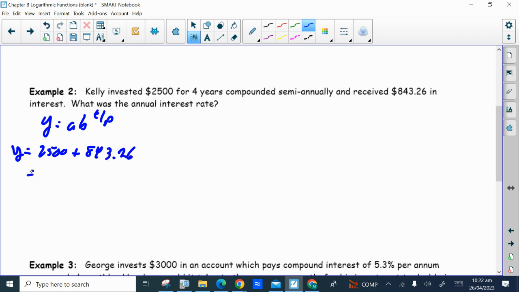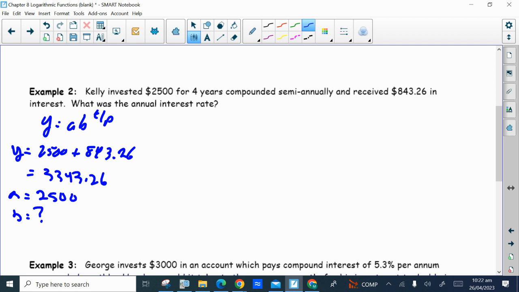If you add those together, you'll get 3343.26. So that's y, the final amount. A is the initial amount, which is our 2,500. B is our growth rate, which is what we need to calculate.